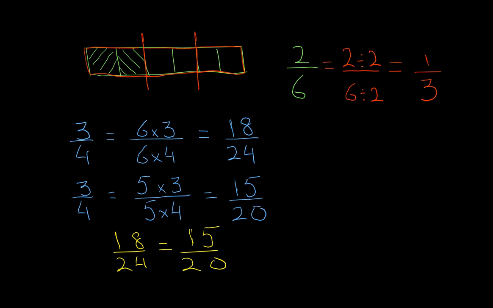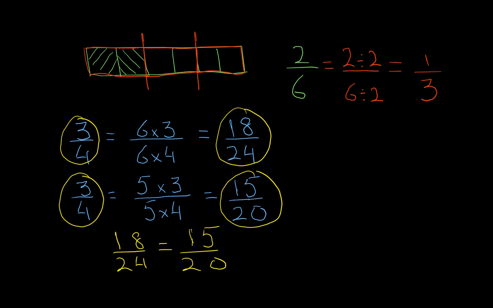The reason this is true is because 3/4 is the same as 3/4, and 3/4 is also equal to 18 over 24, which is also equal to 15 over 20. So these two fractions, 18 over 24 and 15 over 20, may look different but are actually the same.